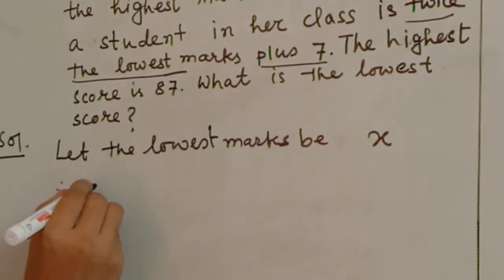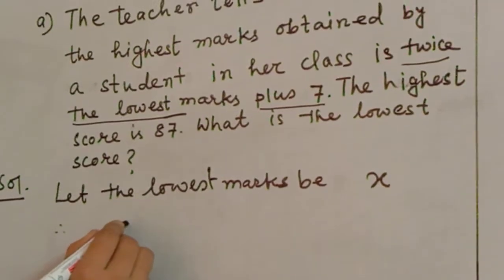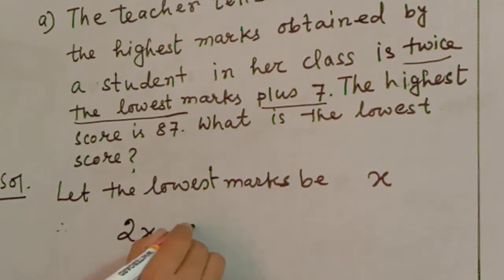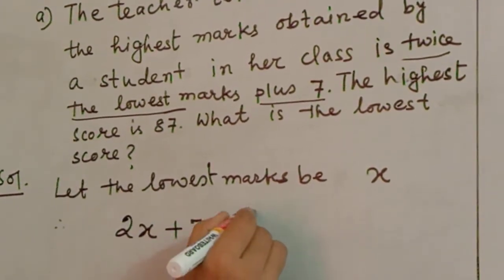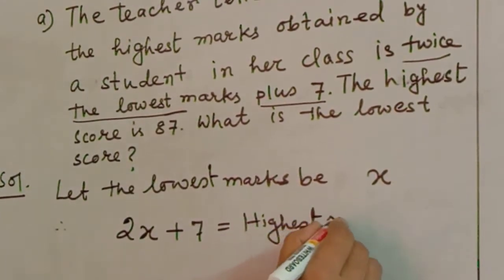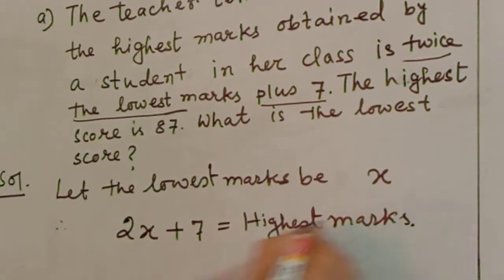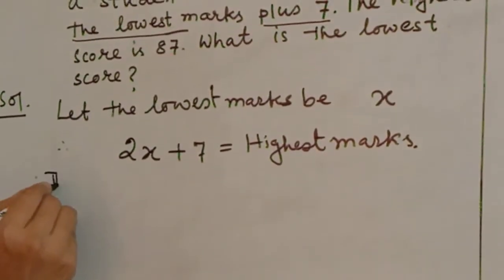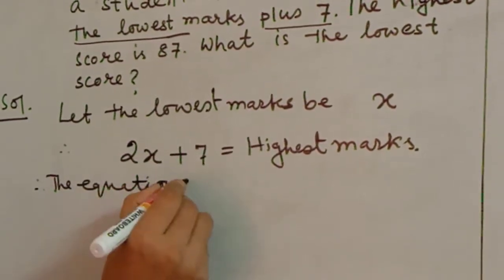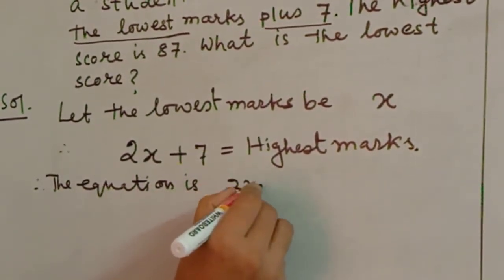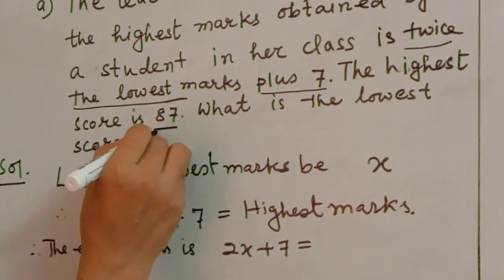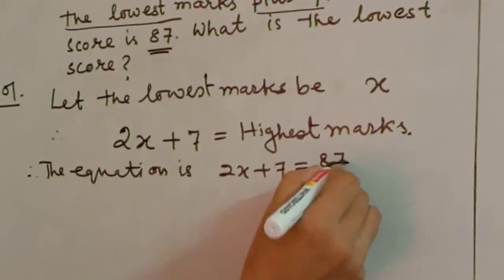Therefore 2 times the lowest marks plus 7 is equal to the highest marks. Therefore the equation is 2x plus 7 is equal to the highest score given, 87.